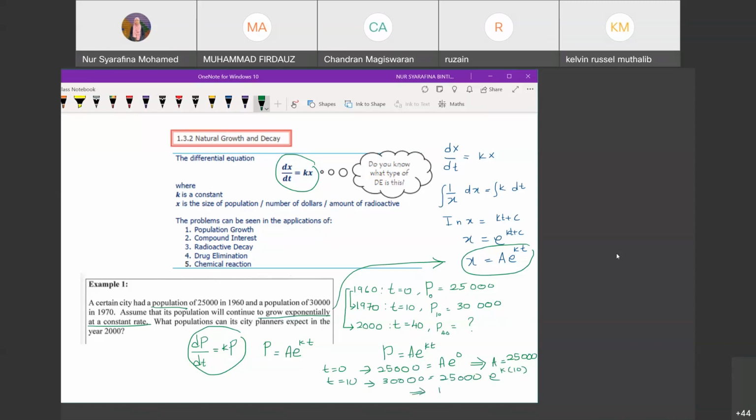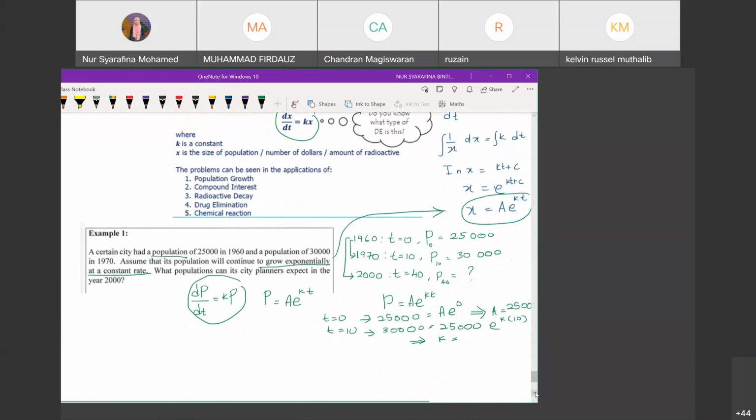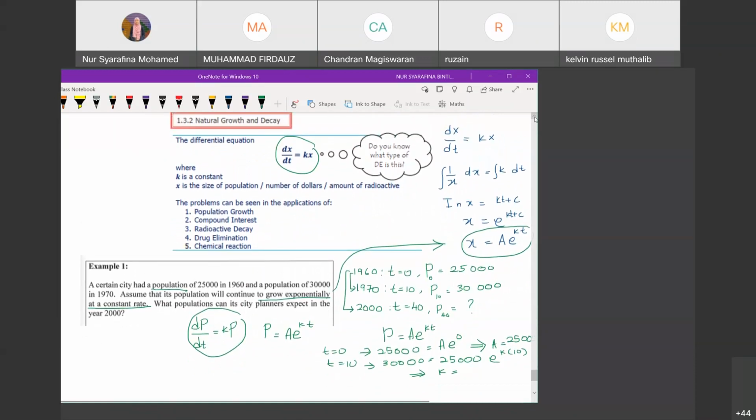Then you can find your k. What is k there? k is 0.0182.